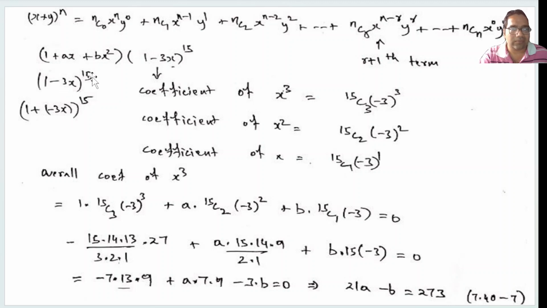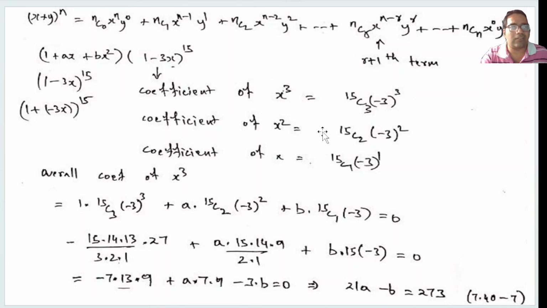Minus 3 will also get raised to the power 3. So the total term is 15C3 into (minus 3x) whole cube. Anyway, 1 power anything is 1, and y is (minus 3x) whole power 3. So the x cube coefficient will be 15C3 into (minus 3) whole power 3.